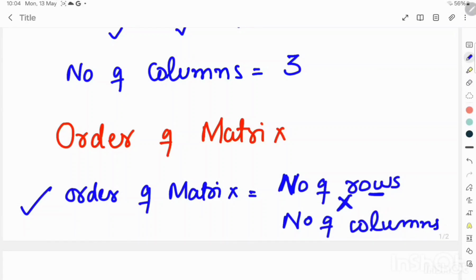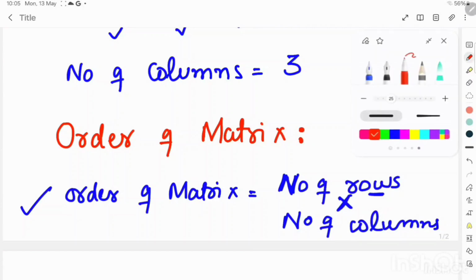It is not acceptable to write the number of columns first and the number of rows after. Always write the number of rows before the number of columns. If you change the order, the formula will be wrong, and your answer will also be wrong.